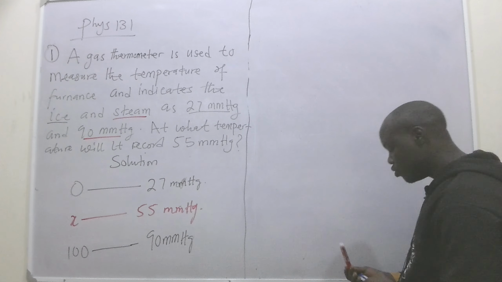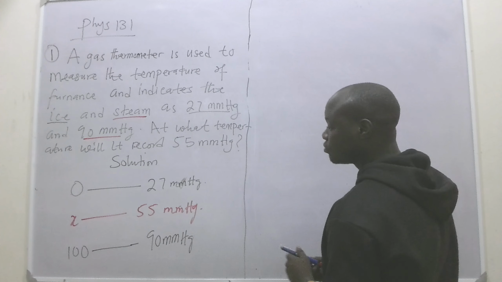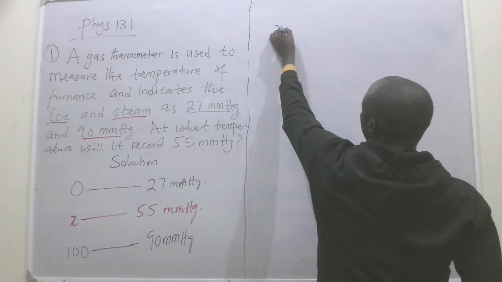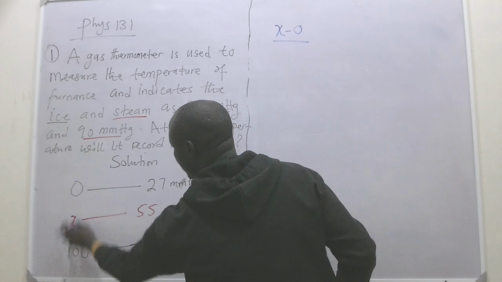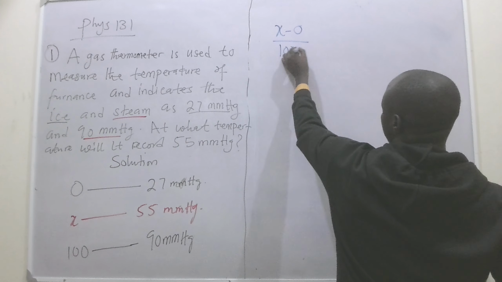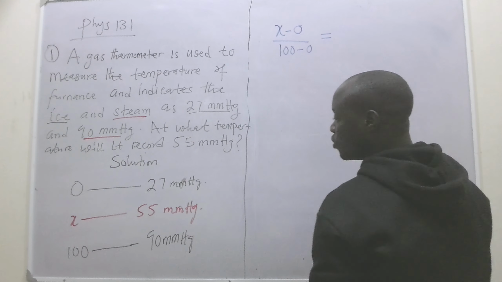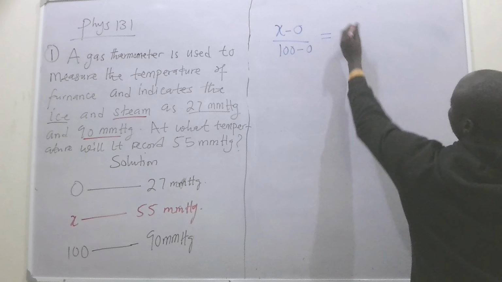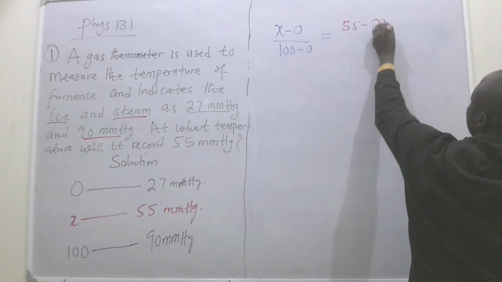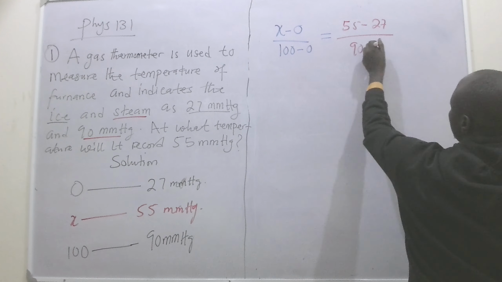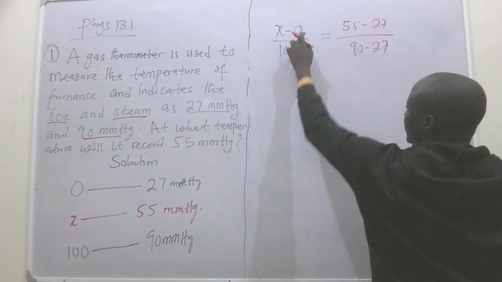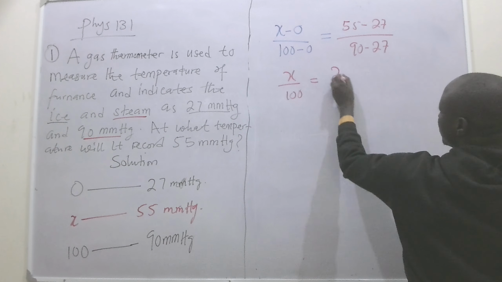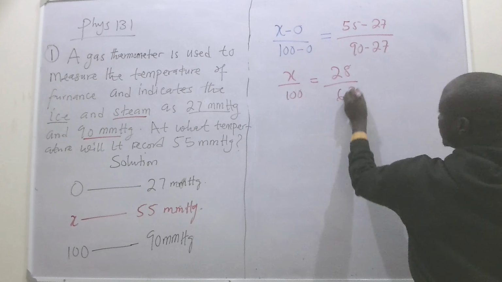To get our value of x here, we say x minus 0 divided by 100 minus 0 is equal to 55 minus 27 divided by 90 minus 27. So x divided by 100 is equal to 55 minus 27, which is 28, divided by 63.